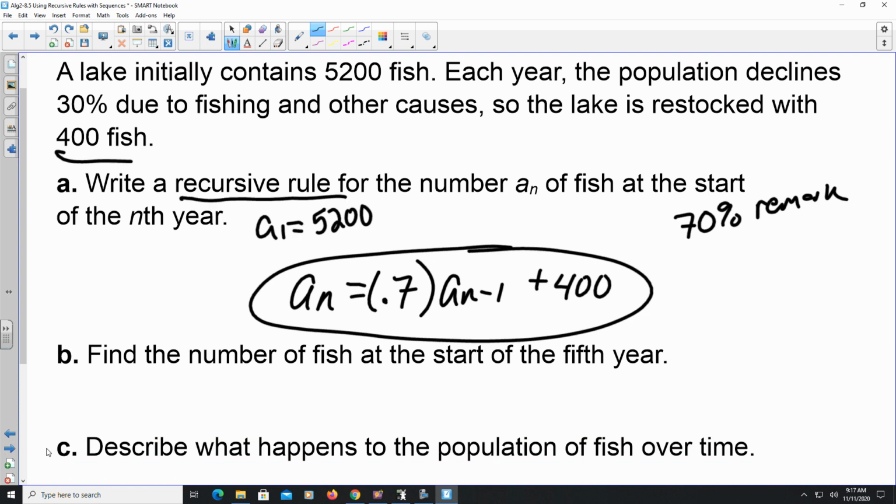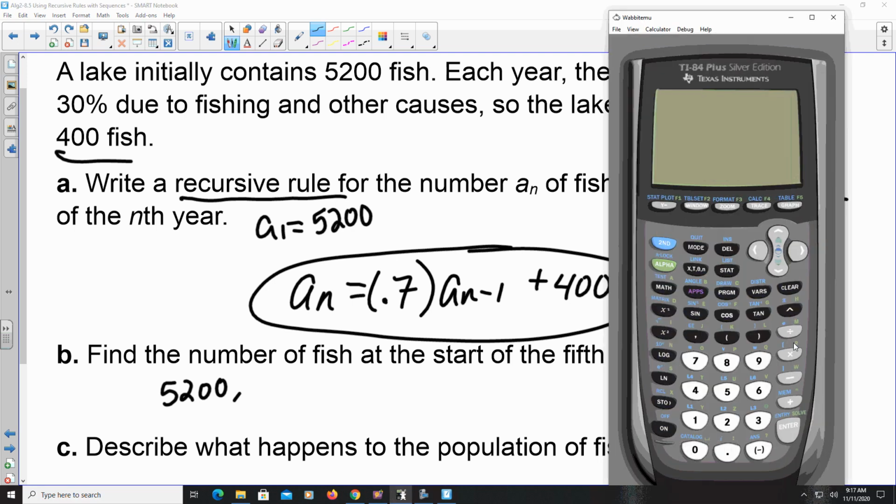So then the second question is they want you to find out the number of fish at the start of the fifth year. So for year one, it's 5,200. If I go to year two, 5,200 times 0.7, enter that, and then add 400, I get 4040. Here, I take that number, multiply it by 0.7, enter, add 400.